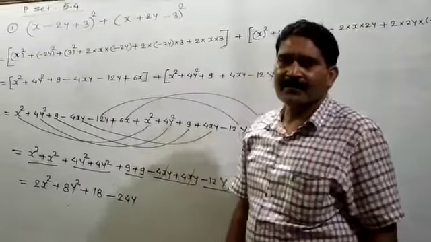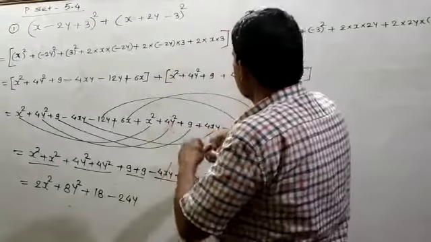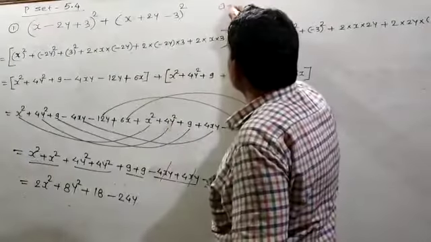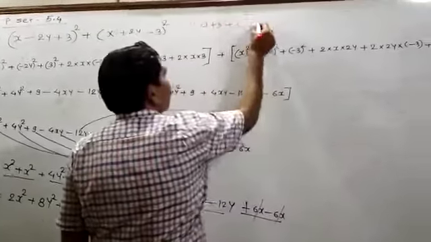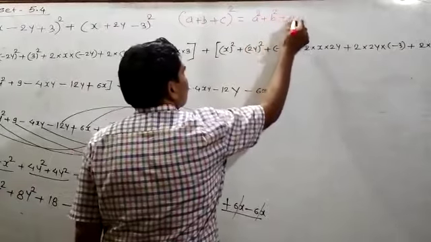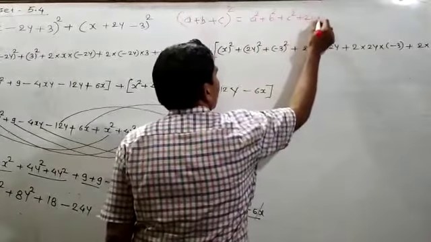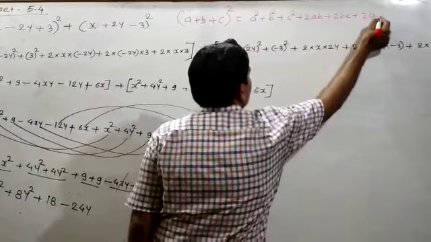Here you have to utilize the identity (a + b + c)² = a² + b² + c² + 2ab + 2bc + 2ac.